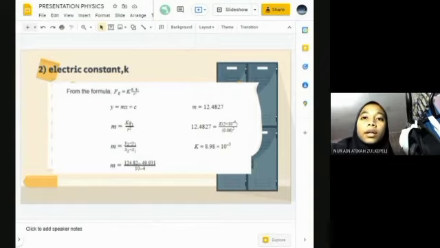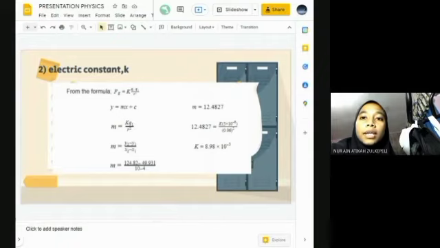From the formula, it is the same as the previous formula that you used, which is Fe, electric force, equal to K multiplied by Q1 Q2 over R squared. So we compare with the general equation, y equals mx plus c.